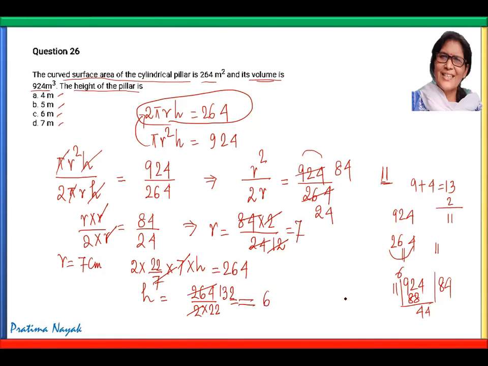I suggest you learn the multiplication table of 22, because in surface area and volume many times you will get a cylinder or cone where this 22 division will be there. So let us learn the multiplication table of 22 so that it will be easy for you for calculation. So 6 meter, not centimeter, I am wrong, it will be meter. So C is the answer.